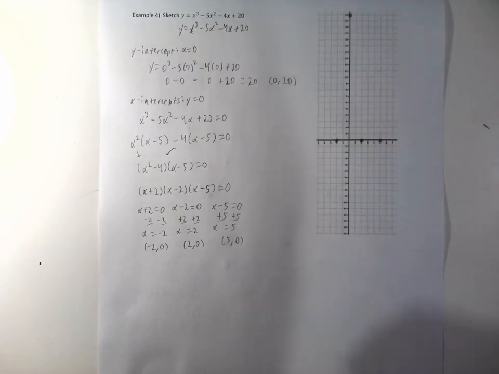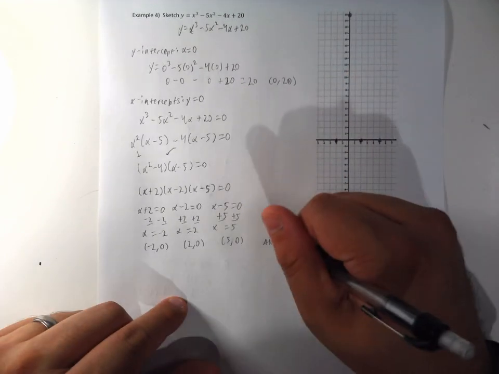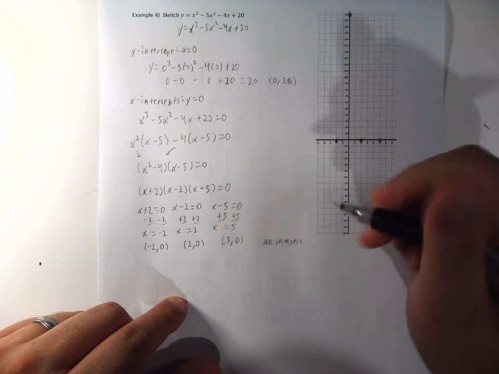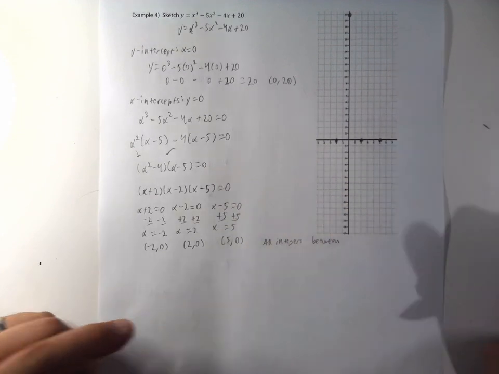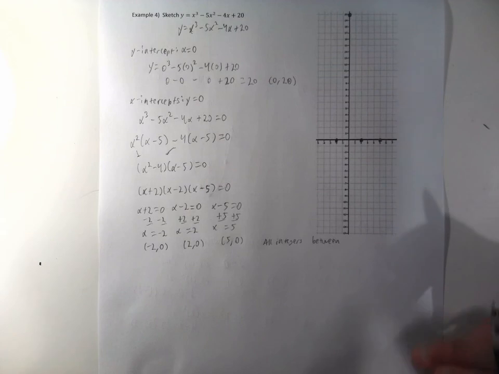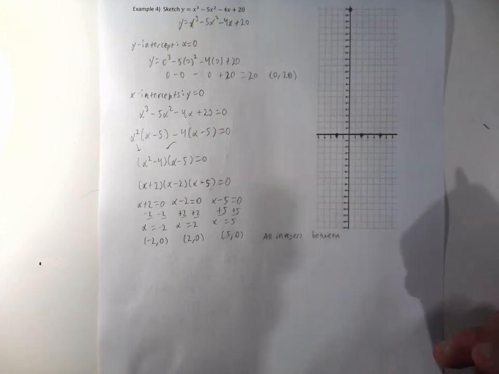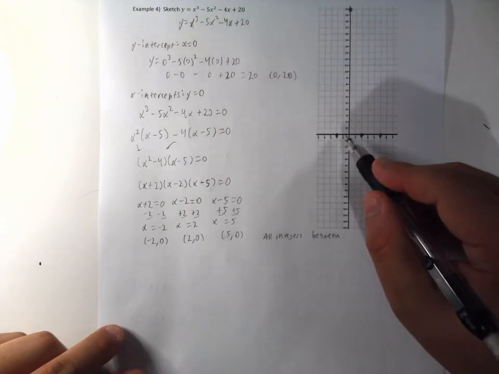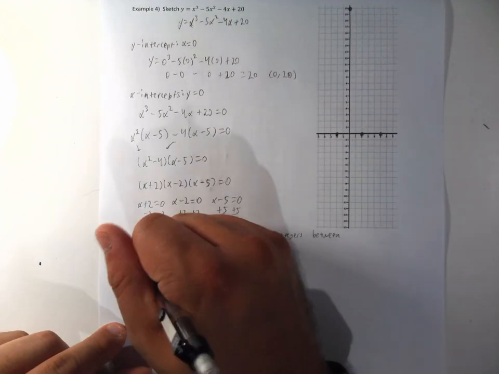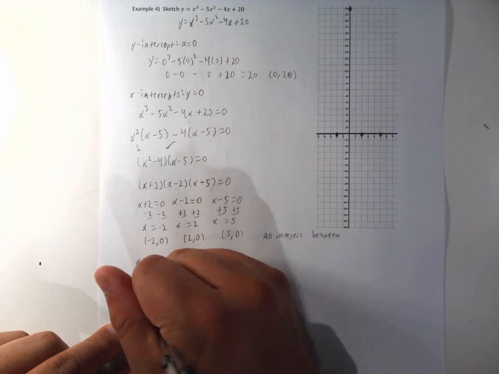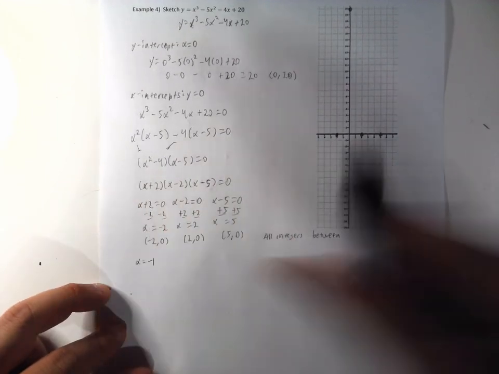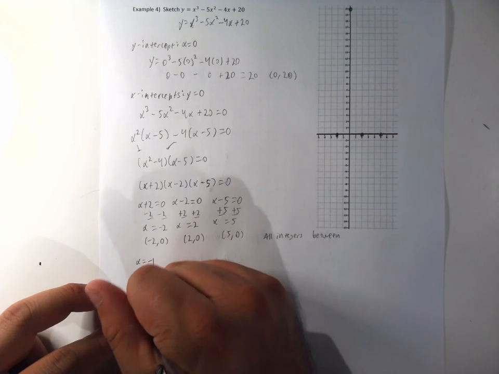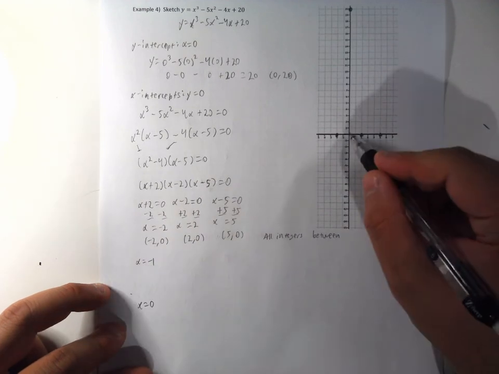I will also do all integers in between. So -1. I might want to use some space. 0, which is already done.